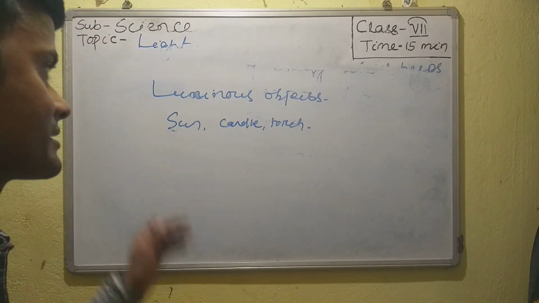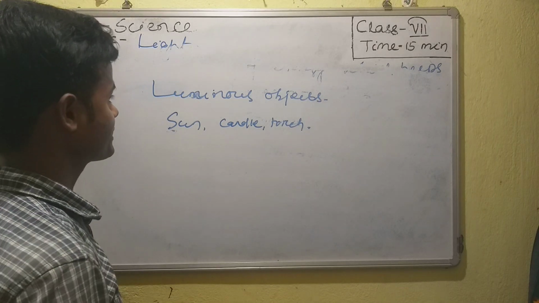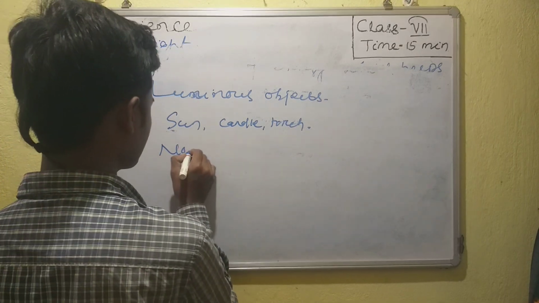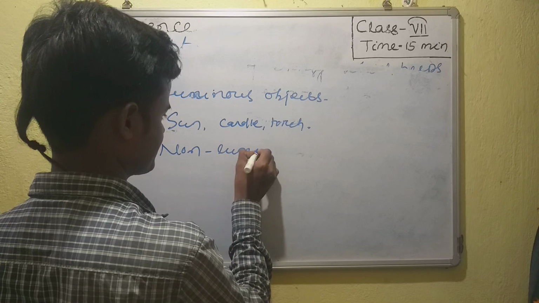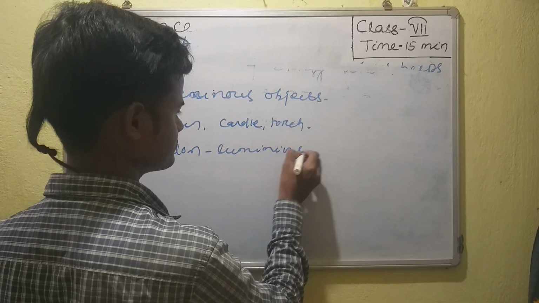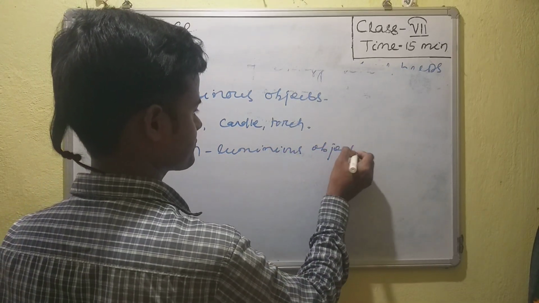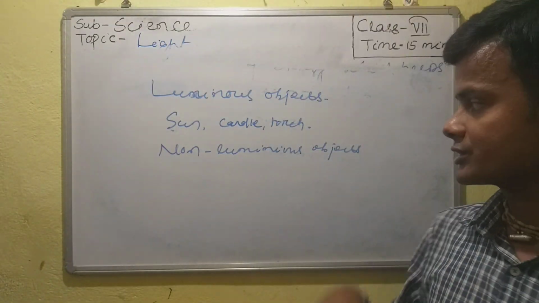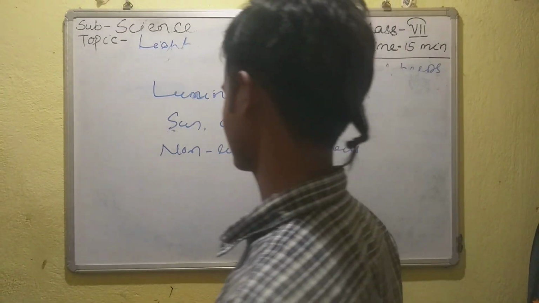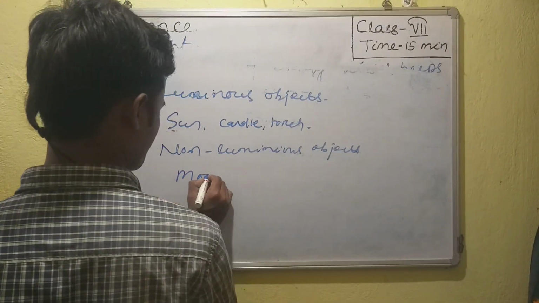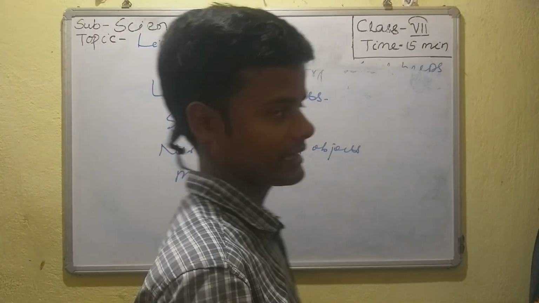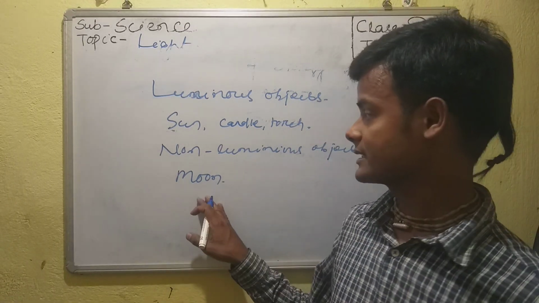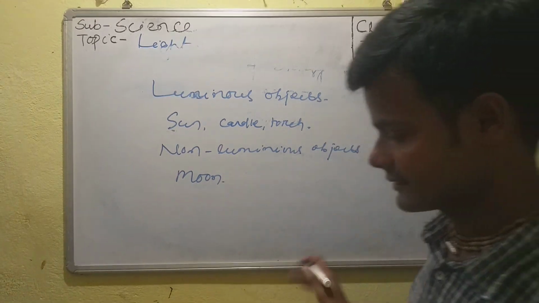Non-luminous is just the opposite. Non-luminous objects means the objects which don't have their own light and do not emit light. The moon does not have any light, it gets lighted by the sun, so it is a non-luminous object, right?